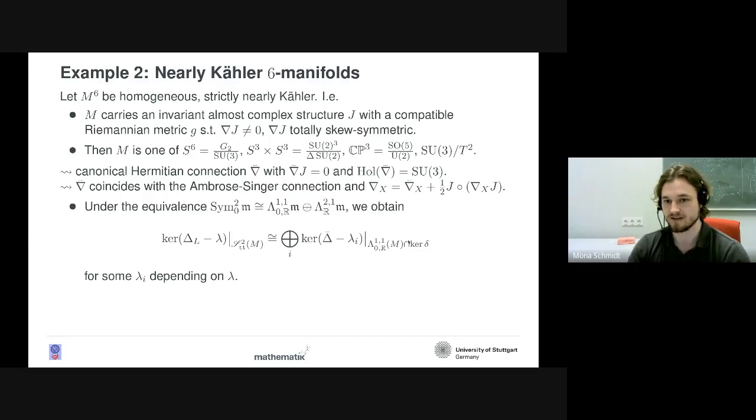And what we essentially obtain, I'm not going to write the exact result because it's a bit lengthy, but the message is that we take the eigenspace of the Lichnerowicz Laplacian to some eigenvalue lambda on TT tensors, and we can write it as a direct sum of some eigenspaces of the standard Laplacian on this space, where we also have to carry the condition of divergence freeness again, so we get the kernel of delta here.